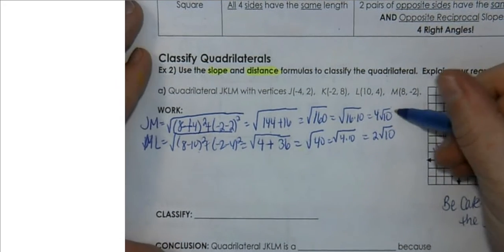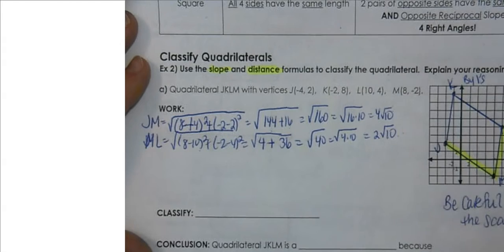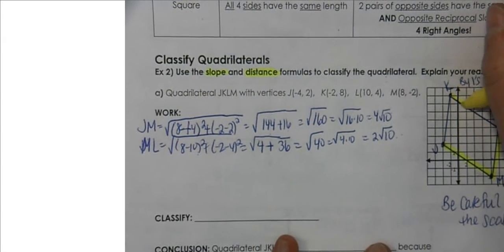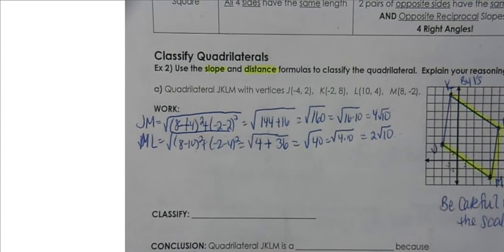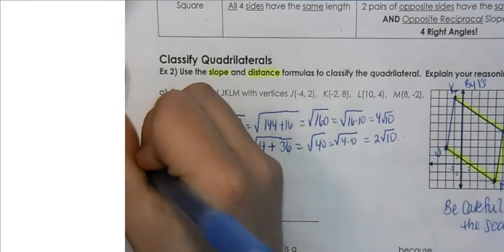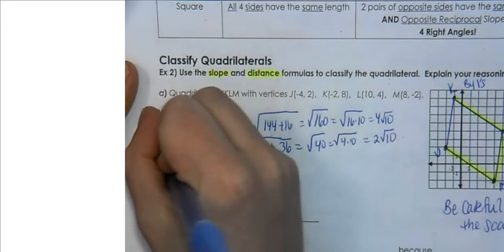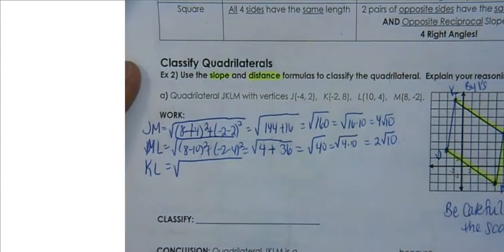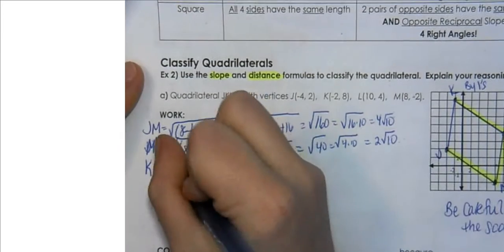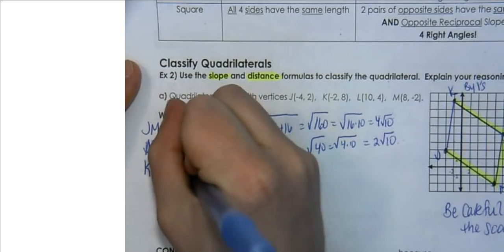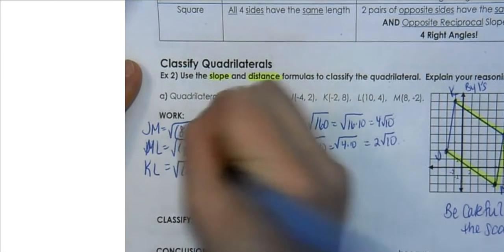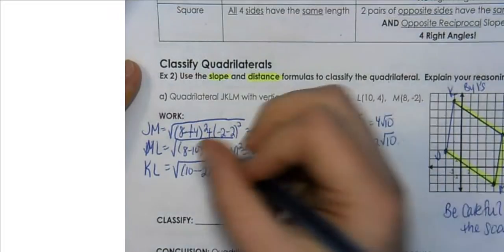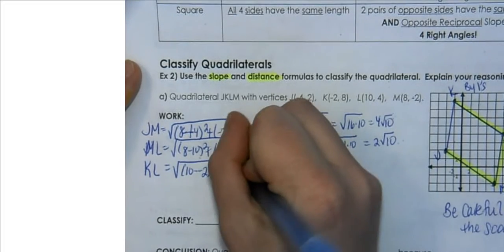So the side lengths are different. That's what I see so far. So now let's go ahead and find the length of LK or KL. And when I find that distance, I have 10 minus -2 squared plus 4 minus 8 squared.